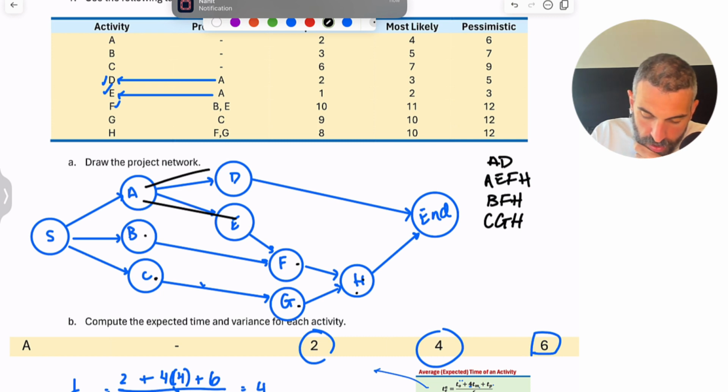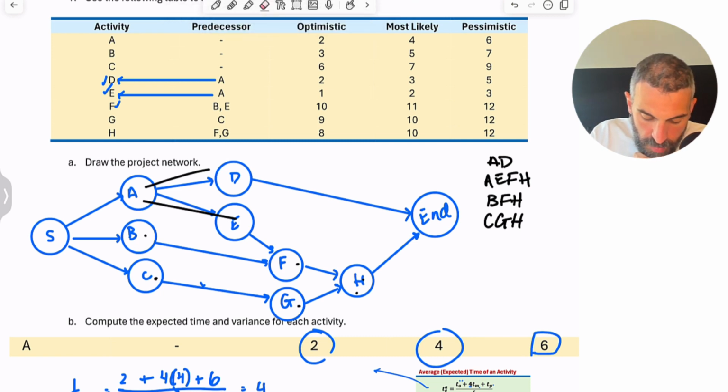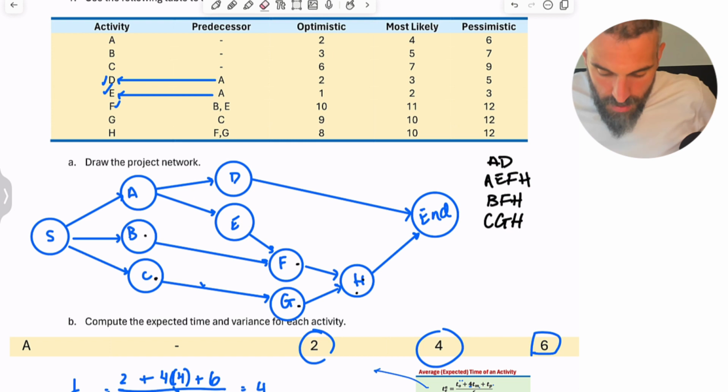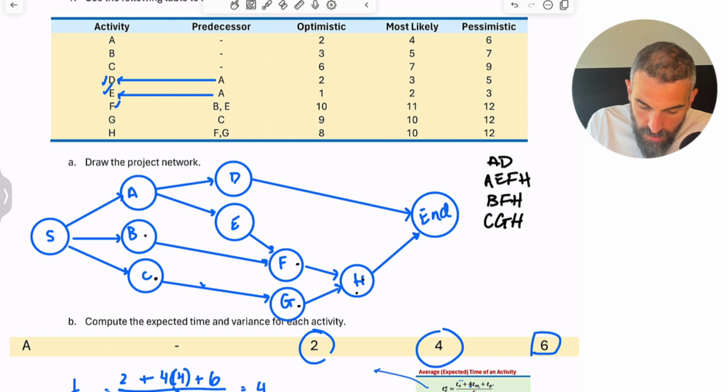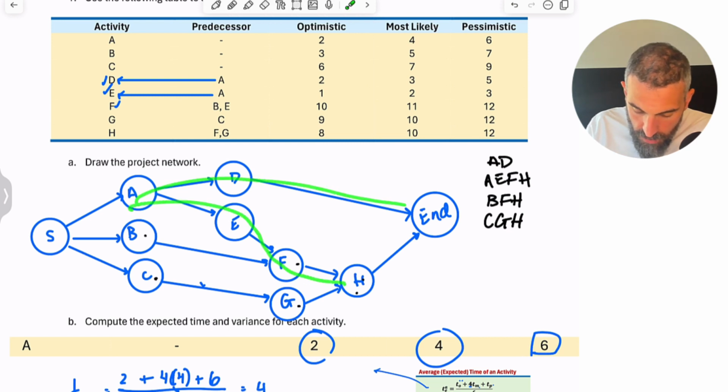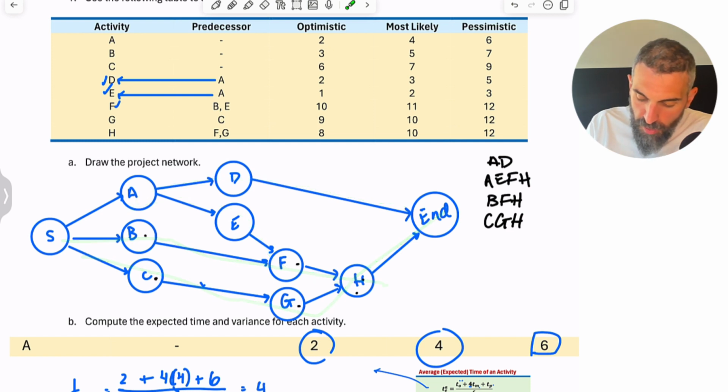Even though this step is easy, you want to be really careful because you don't want to miss one. That's bad enough. And if you happen to miss the critical one, then you're in trouble, right? So just double check. Okay, AD good, AEFH got it, BFH got it, CGH got it. Okay, great. So these are my paths.